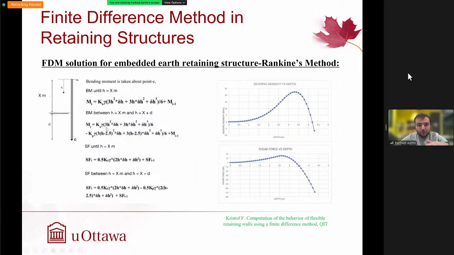For each layer, or each elevation, you can use the previous layer in order to find the specific moment at that level. And here you can find the shear forces as well. This is a case study that shows the bending moment versus depth and shear force versus depth. Here is the wall structure, and the variation is shown here.